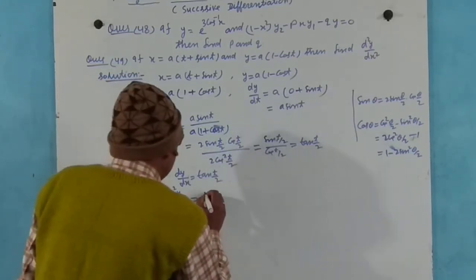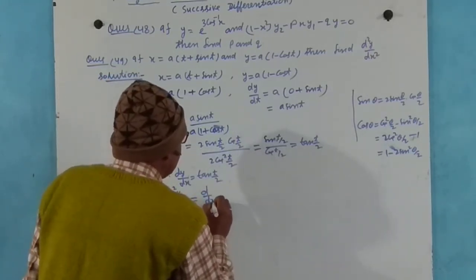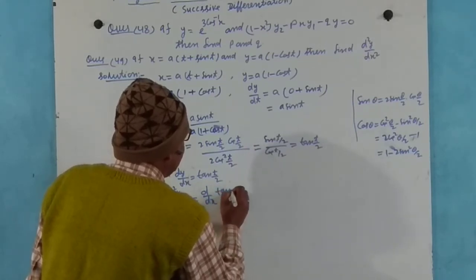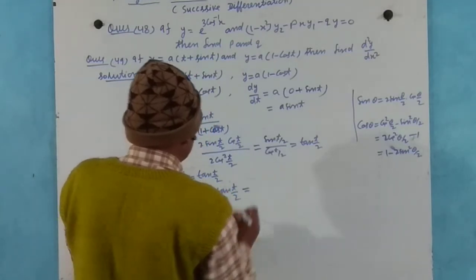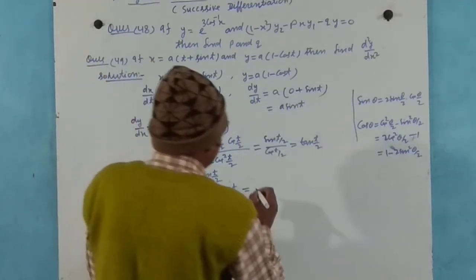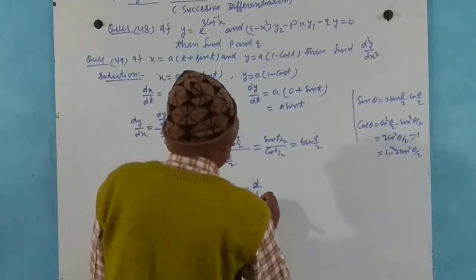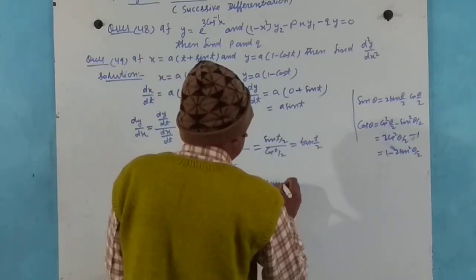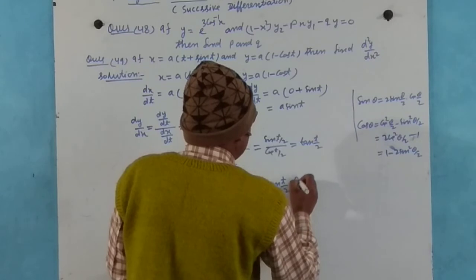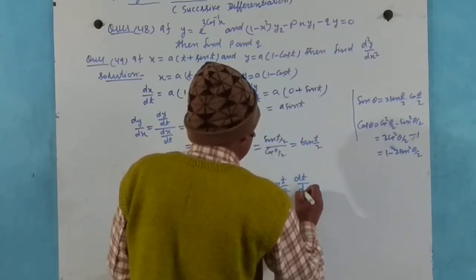d2y by dx2 equal to d by dx of tan t by 2. This can be written as d by dt of tan t by 2 into dt by dx.